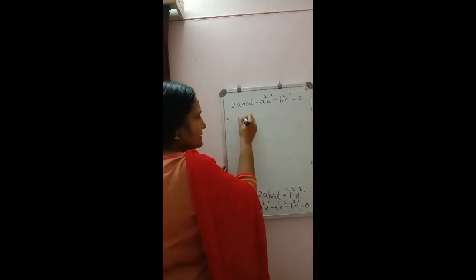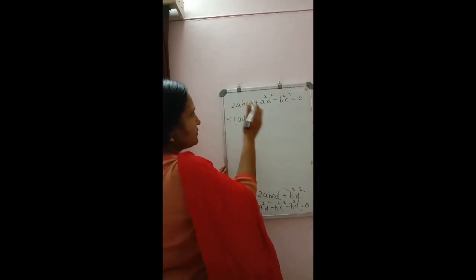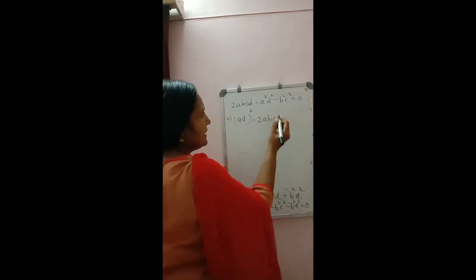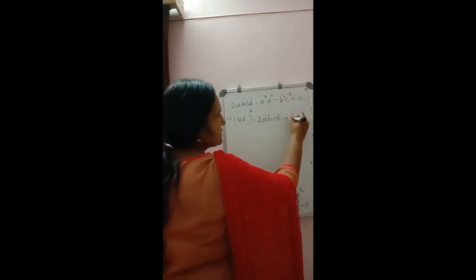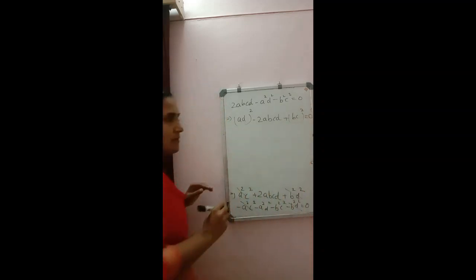So a²d² can be written as (ad)². This expression will become negative, −2abcd + b²c² can be written as (bc)² = 0.